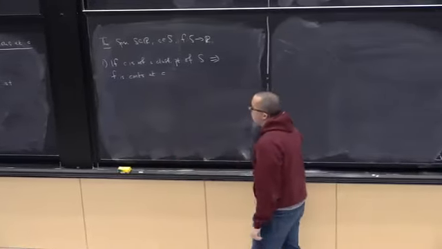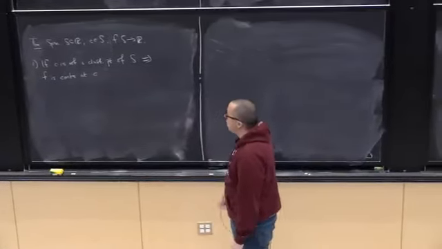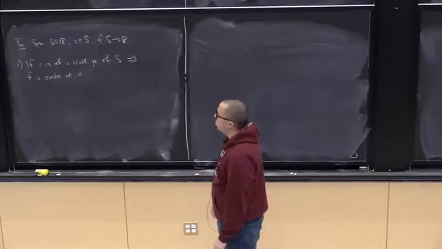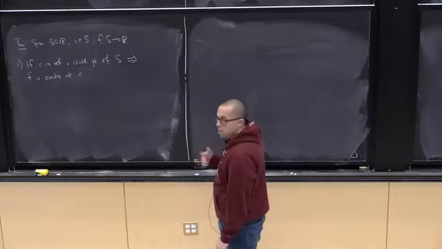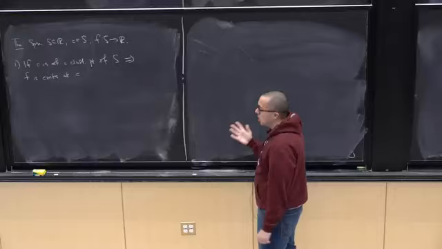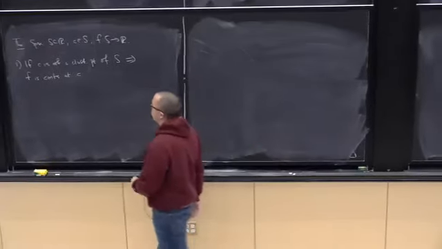So if we're looking at continuity at a point, the only interesting points to look at are cluster points of the set S. Otherwise, no matter what function it is, it will be continuous at such a point.